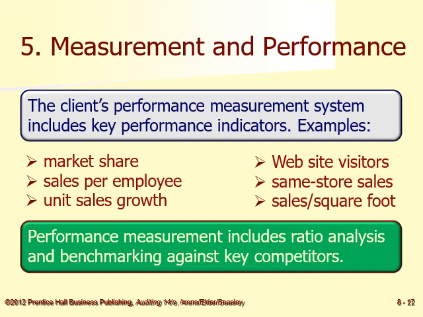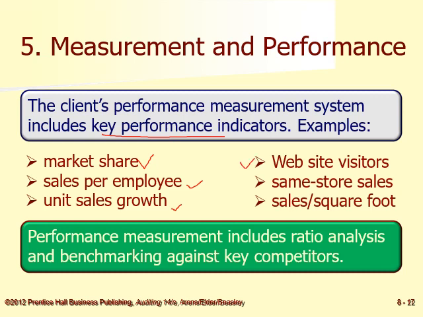And number 5 is measurement and performance. We can see the client performance measurement system, including the key performance indicators, KPI. So how do we know their performance measurement? We can see the market share price, the sales per employee. So for every employee, how much sales are generated, and unit sales growth, how the sales grow.